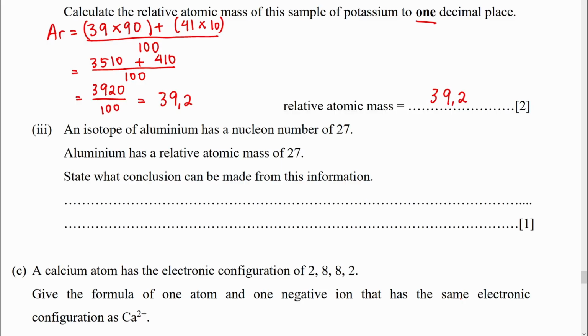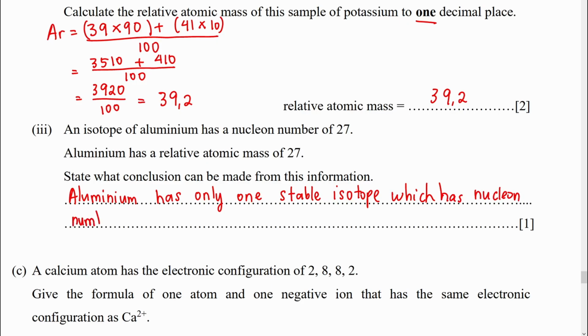There are no other isotopes in a significant amount to change the average atomic mass. So from here, I can say that aluminum has only one stable isotope, which has a nucleon number of 27. Okay, so that's the answer.